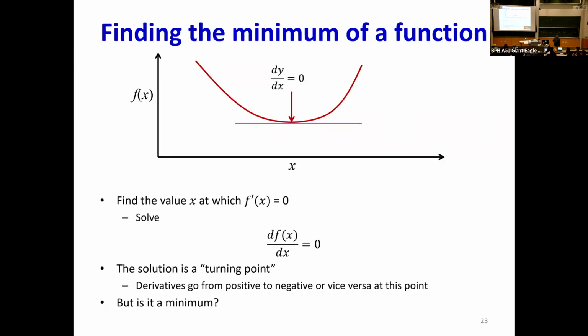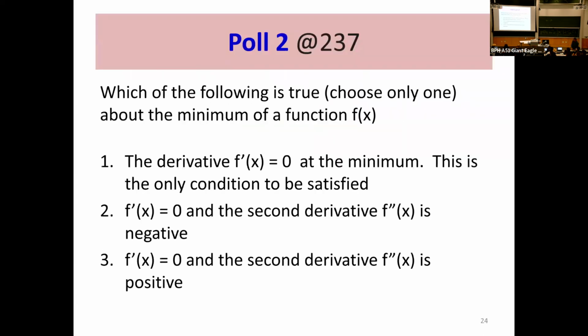Okay, so now here's how we learned about derivatives, about function minimization. You found the location where the derivative was 0, but this could be either. Actually, here's another poll.